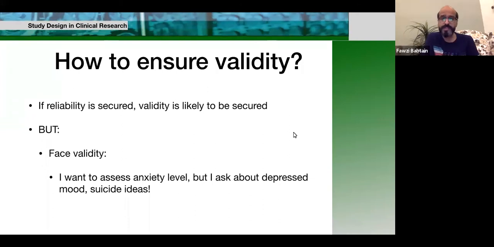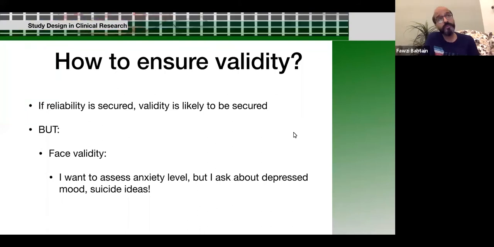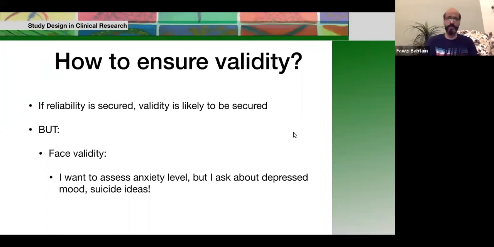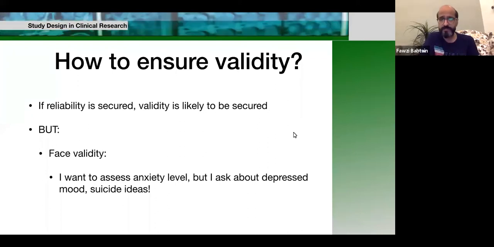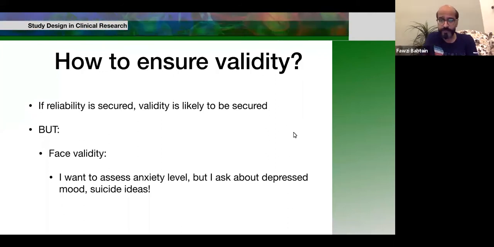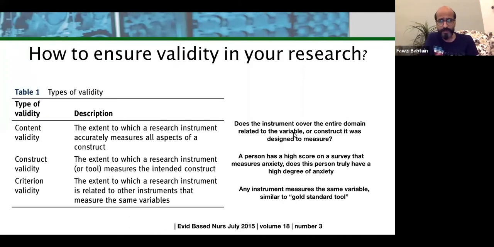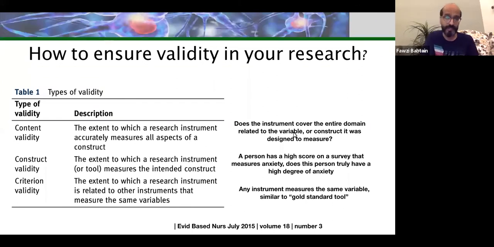For example, you want to assess anxiety level, but you use a tool to measure severity of depression or suicide ideas or manic episodes. Clearly this is invalid, because you're supposed to measure anxiety, but you use a tool that measures something else.